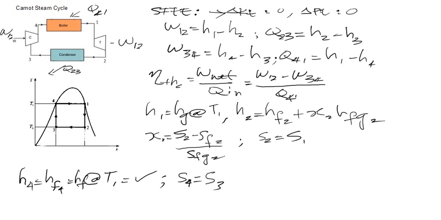And based on the S3, we could get what is our X3. Once we have our X3, then we will solve for the H3. So this is how you solve using all the enthalpy value. So for this case, we will get the thermal efficiency of the Carnot cycle by looking at the SFEE.